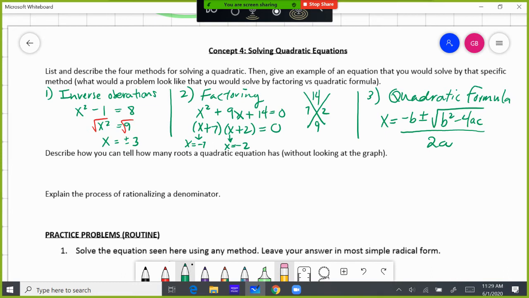Next, describe how you can tell how many roots a quadratic equation has without looking at the graph. So just how many roots, that's going to be the discriminant. And the equation for discriminant is b squared minus 4ac.